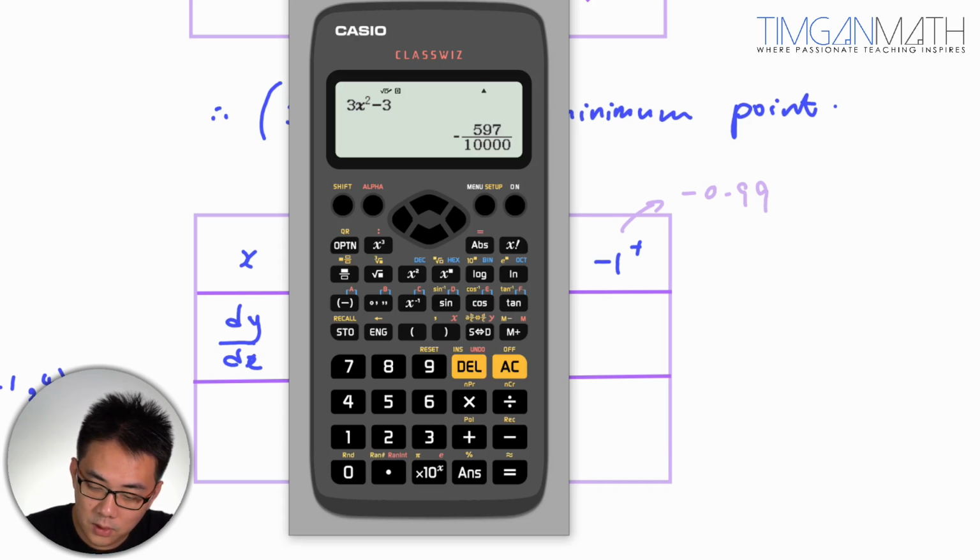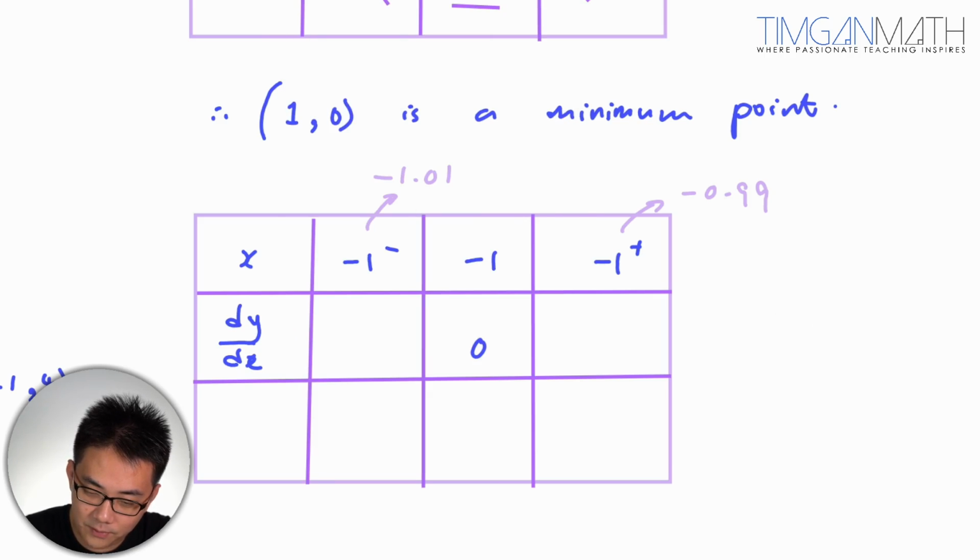Storing negative 0.99 in x, the derivative is a negative value, so negative slope.